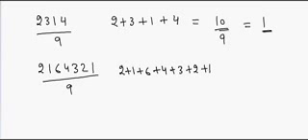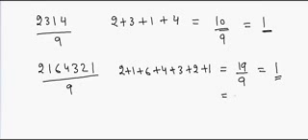So 2 plus 1 is 3, 3 plus 10 is 13, 13 plus 6 is 19. So we have 19 divided by 9. If you divide 19 by 9, I'll get a remainder of 1. So again, if you divide this number by 9, your remainder will be 1.